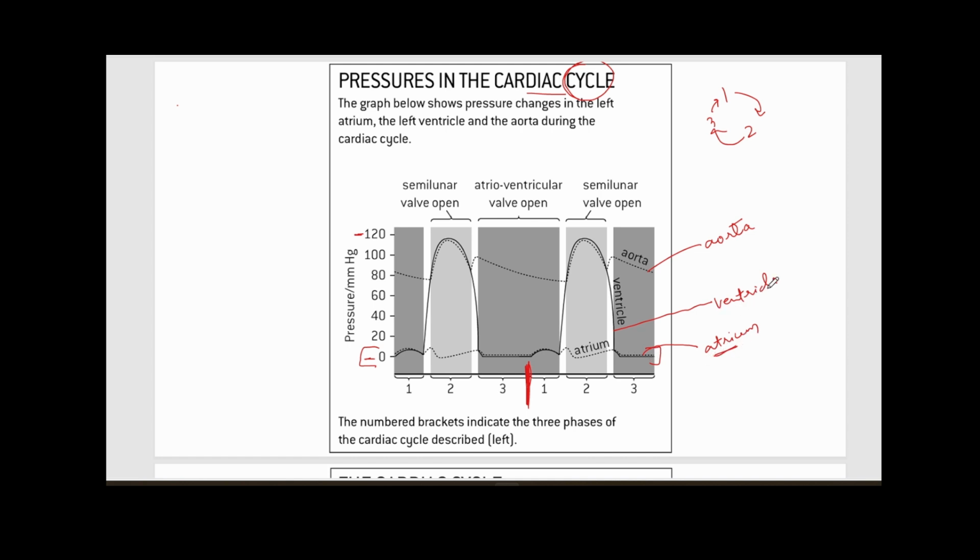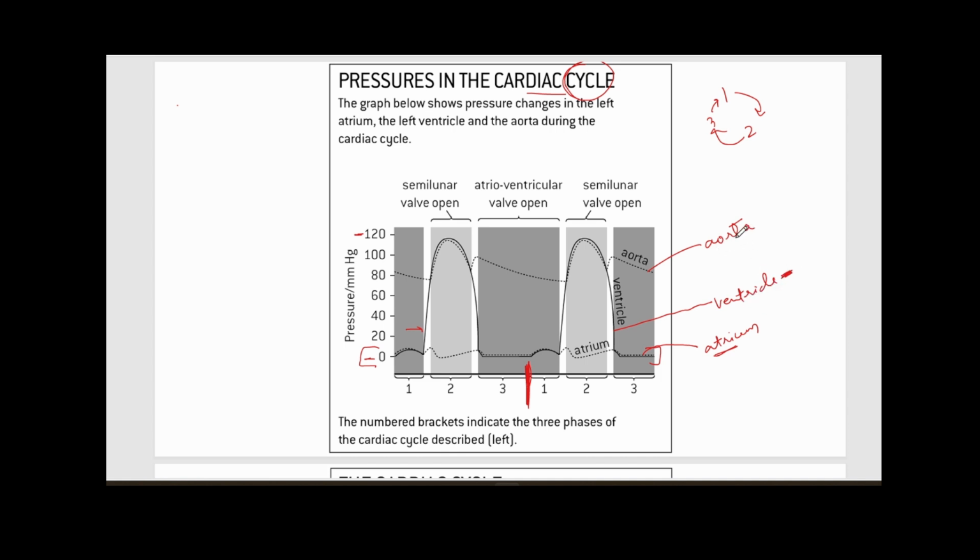Ventricles are pumping chambers. So if you see the fluctuation in this line, the regular line, there's a lot of fluctuation. The pressure starts from 0, goes all the way up to 120, then again drops down, then goes below atria. That is, a lot of pressure is generated because of the thick muscles that make the wall of the ventricles.